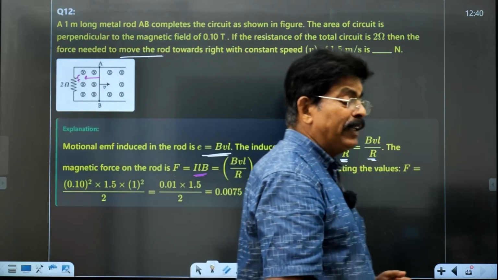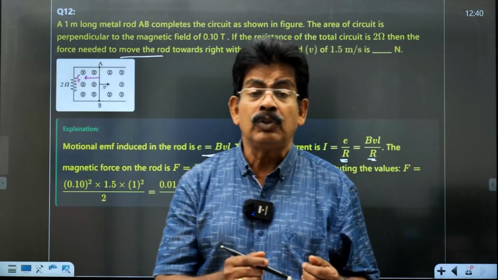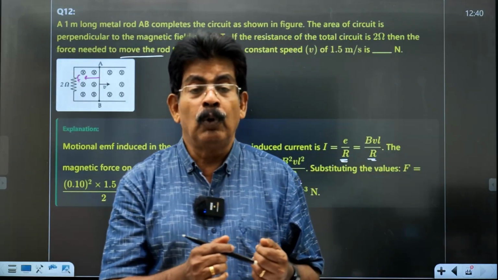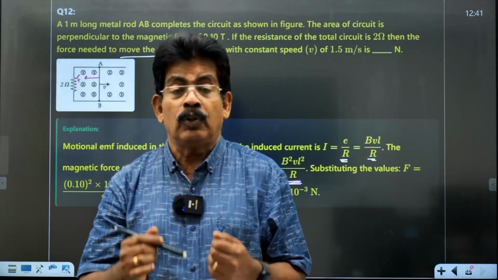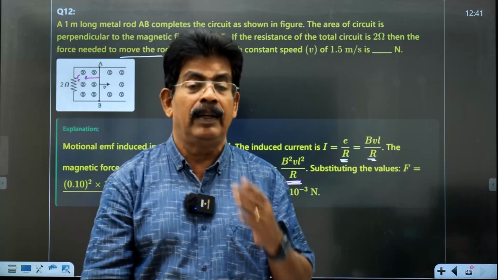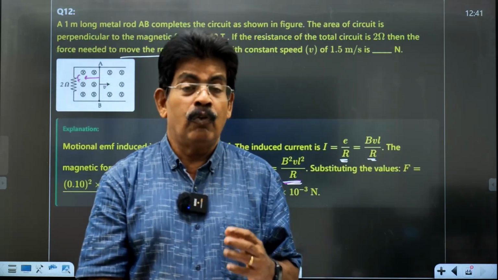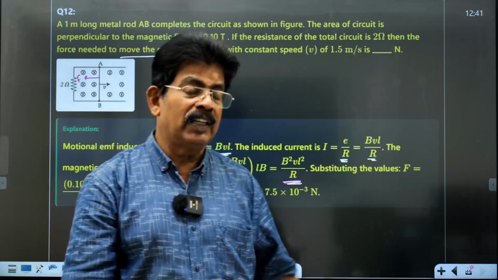So in order to maintain the steady speed, we have to pull the rod with this force equal to B square L square V by R. So we can maintain it, isn't it? If force is more, speed will increase. If force is less, speed will decrease.